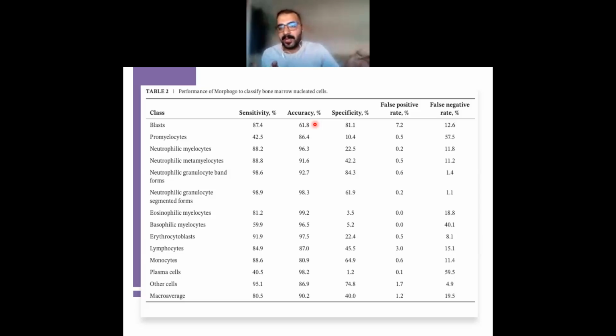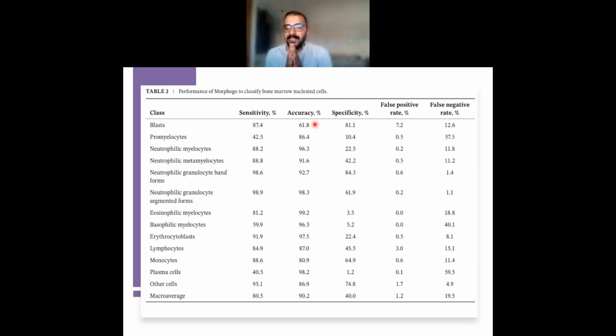It is, for example, a promyelocyte. So that's the false positive rate for the system. Let me say that a second time. When the system classifies, for example, a blast as a promyelocyte, that is called a false positive.